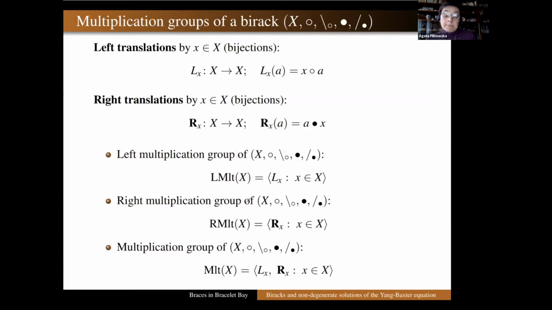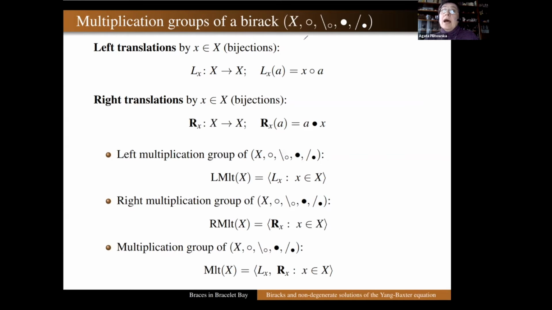It is easy to notice that for both one-sided quasi-groups, the mappings of left and right translations by some particular element x are defined in a very natural way.